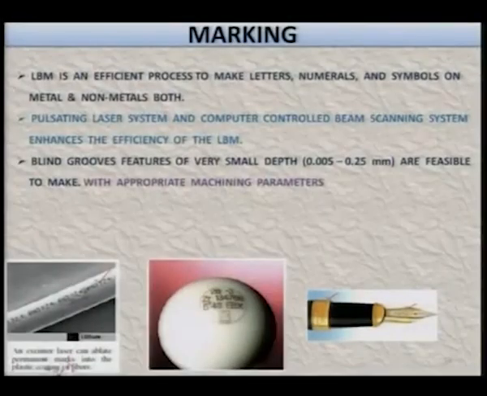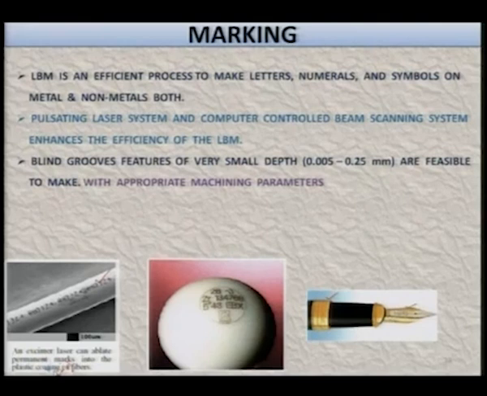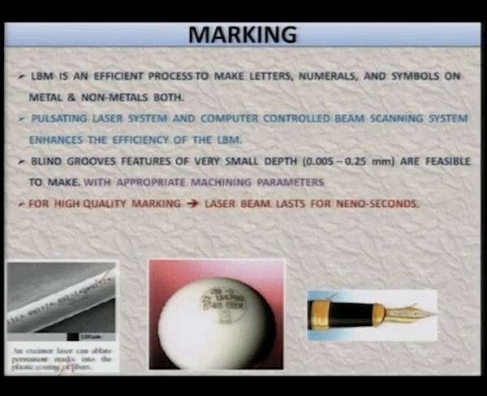Blind grooves of very small depth, 5 micron to 250 micron, are feasible to make with appropriate machining parameters. You have to select the appropriate optimum machining parameters, then only will these blind grooves etc. be possible. Otherwise, making blind grooves is rather a difficult task with the help of a laser beam machining setup.